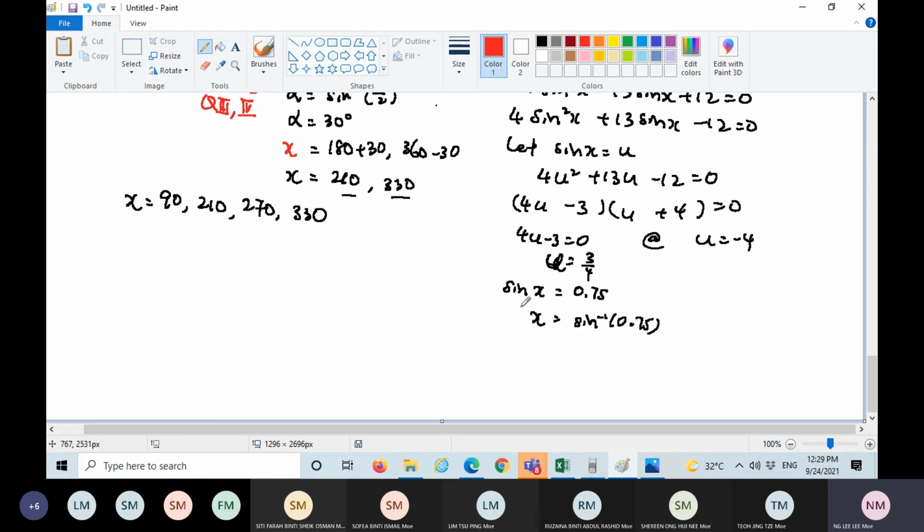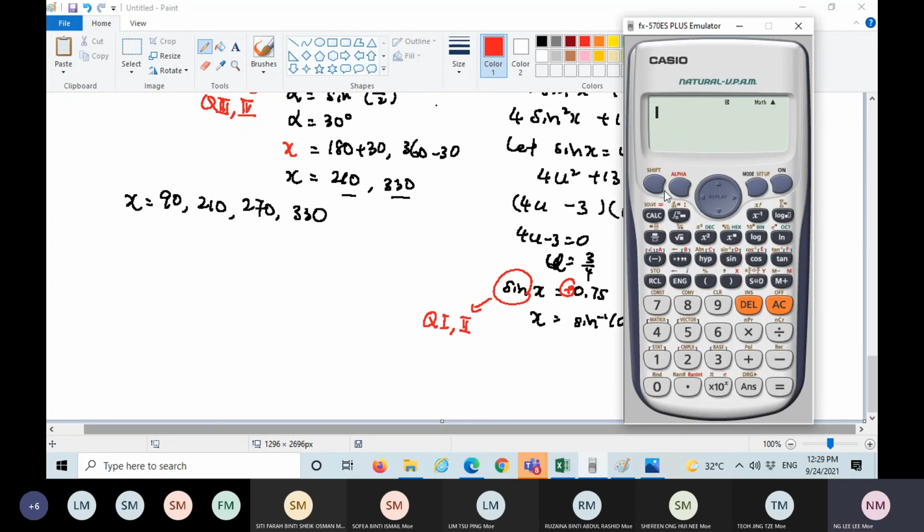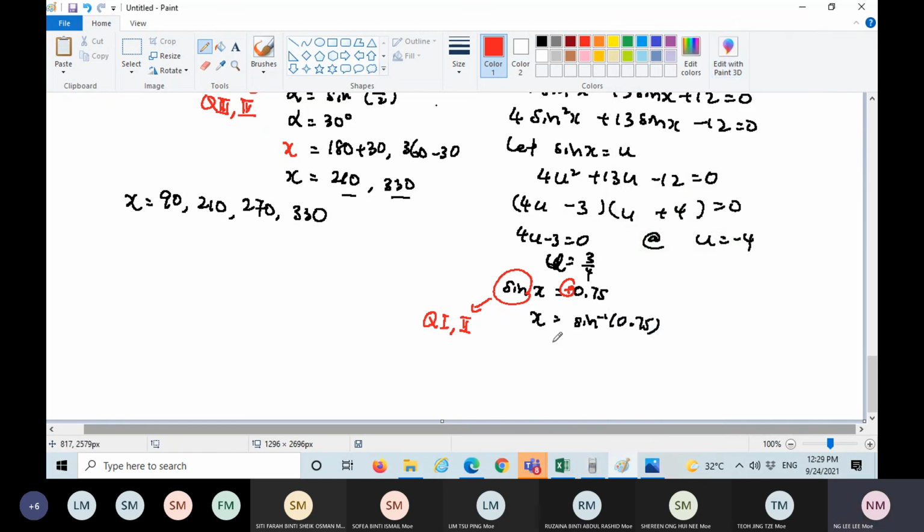Same thing, sine is positive, so quadrant 1 and 2. Shift sine 0.75, the answer is 48.59. So alpha is 48.59. Therefore x is 48.59.